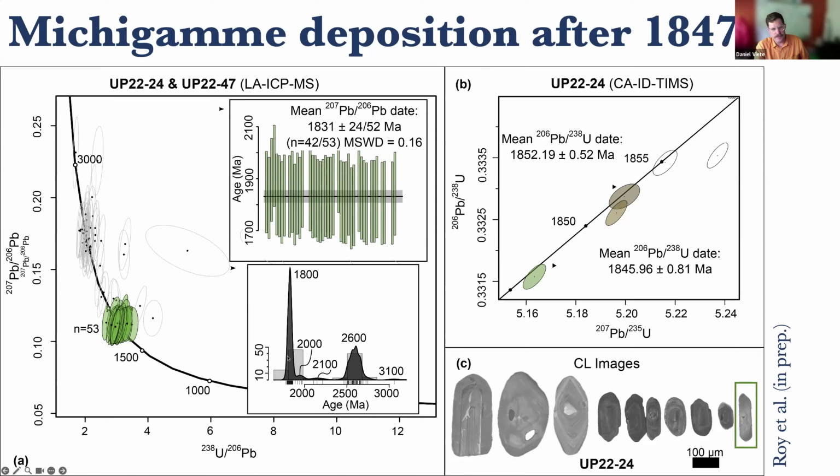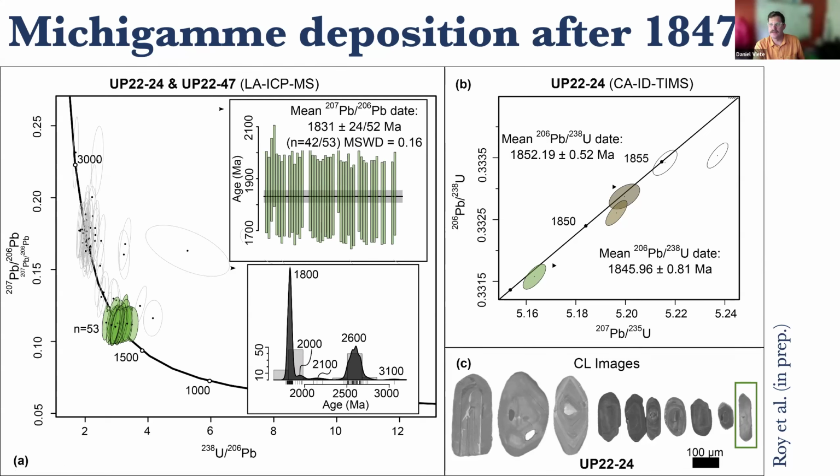But as well as that, there is a really strongly represented second population, which is syn-orogenic. It's Penokean in age. So here it's about 1800, but some precise dating done at MIT has constrained these detrital zircons to 1846 plus or minus 1 million years.